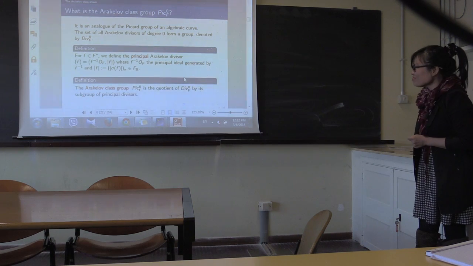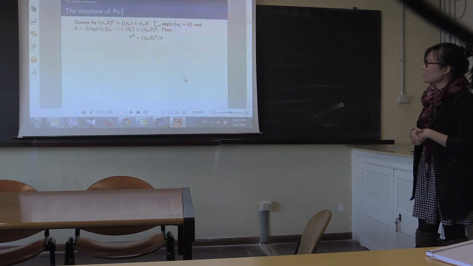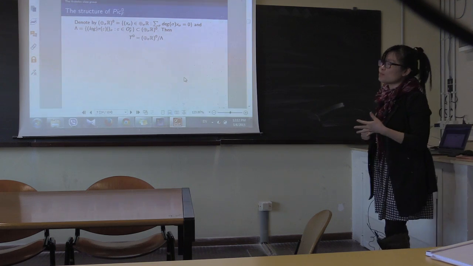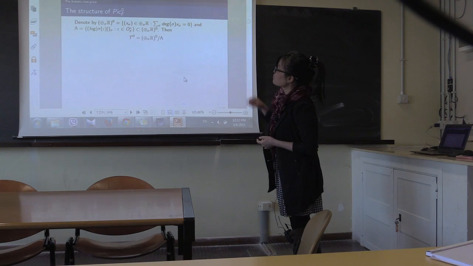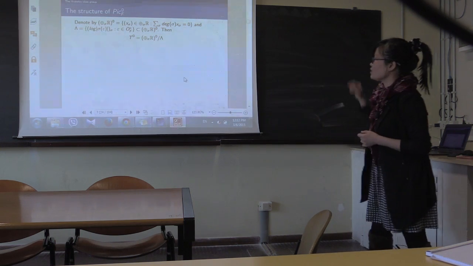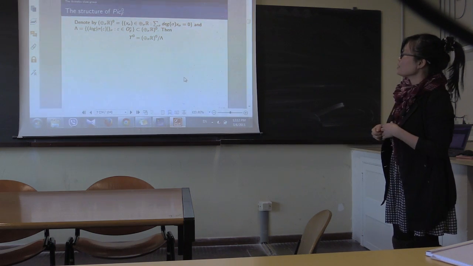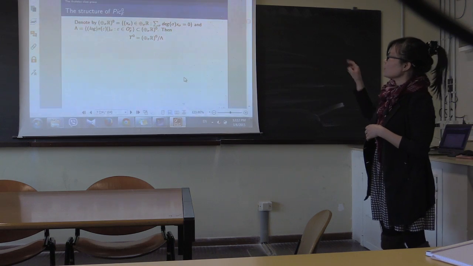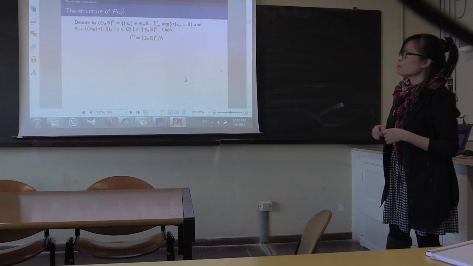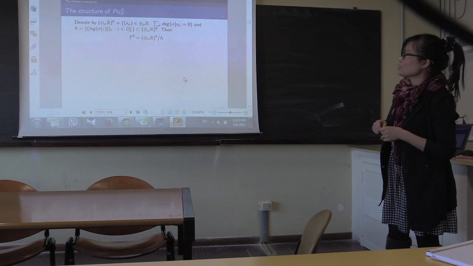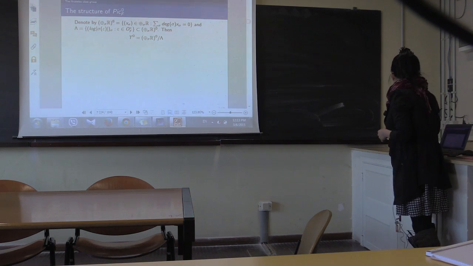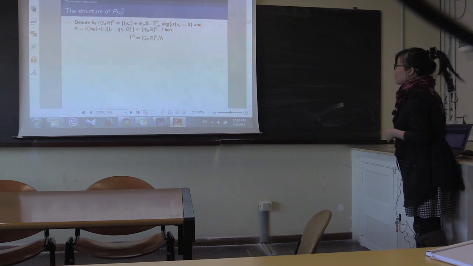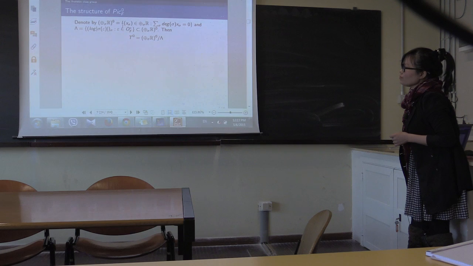Okay. And I want to show you the structure of Pic⁰(F). First, we denote by R⁰ the vector space satisfying the condition that the sum of the coordinates, with coefficient the degree of sigma, is 0, and we denote by Λ the lattice in it.